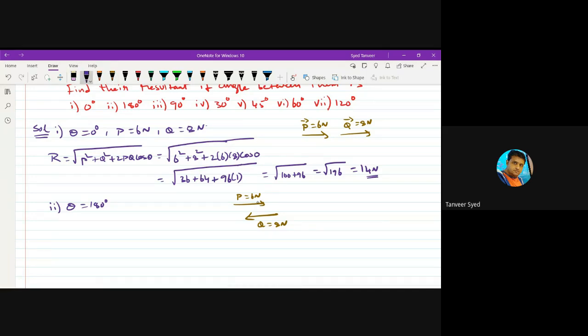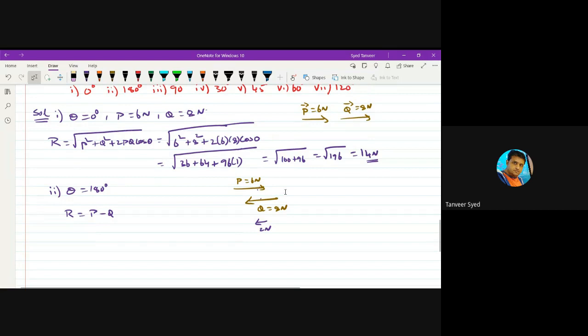If they are opposite to each other, I will not apply the formula there. I will simply write R is equal to P minus Q, in the sense larger vector minus smaller vector. Larger vector is 8 Newton, smaller vector is 6 Newton. So the resultant of these two will be 2 Newton along the direction of Q.